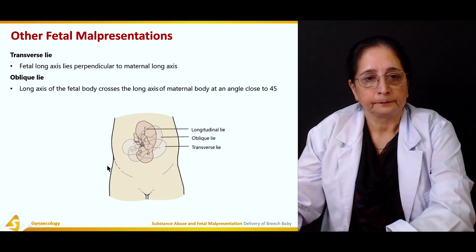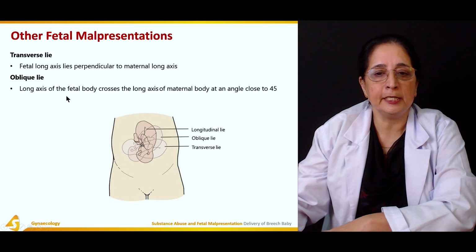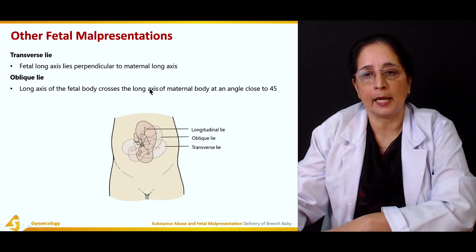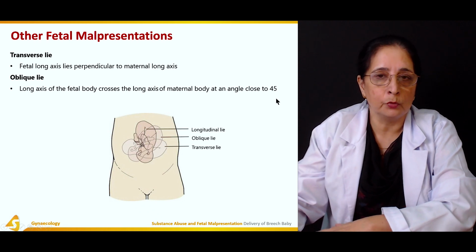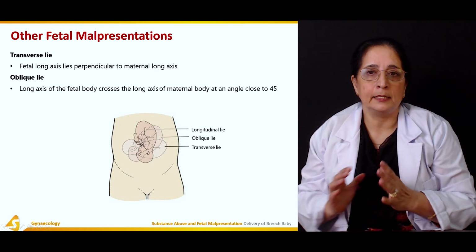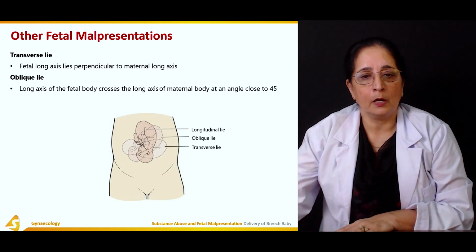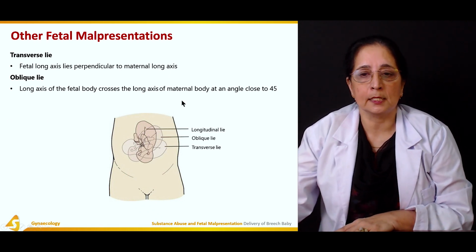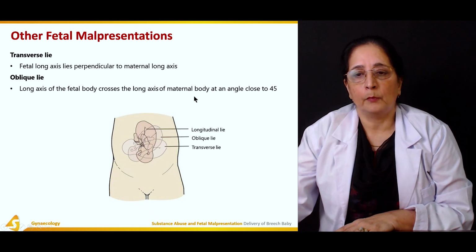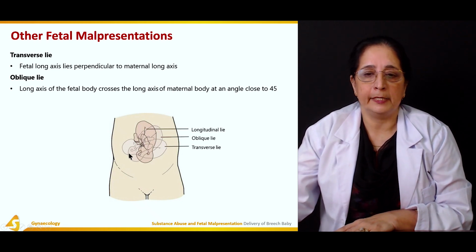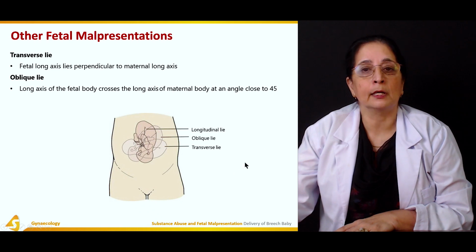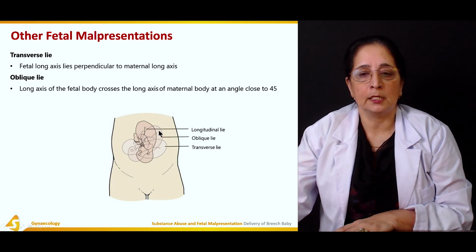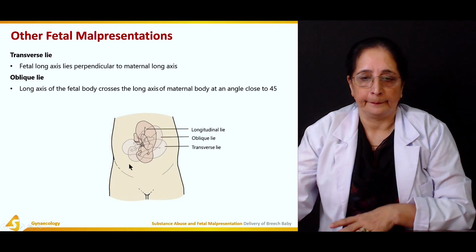Then the oblique lie: the long axis of the fetal body crosses the long axis of the maternal body at an angle close to 45 degrees. 90 is straight, anything in between is 45 degrees. So you see, this is the 45-degree angle.